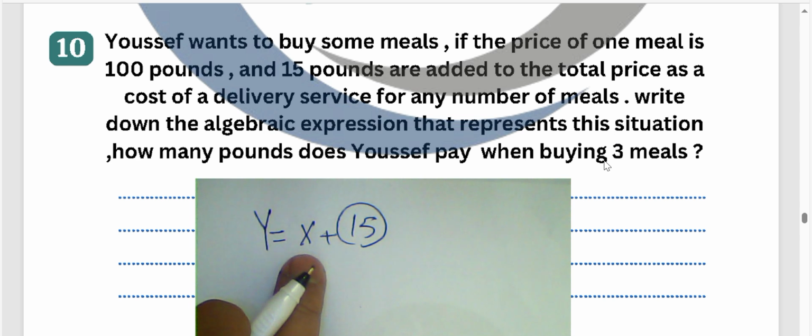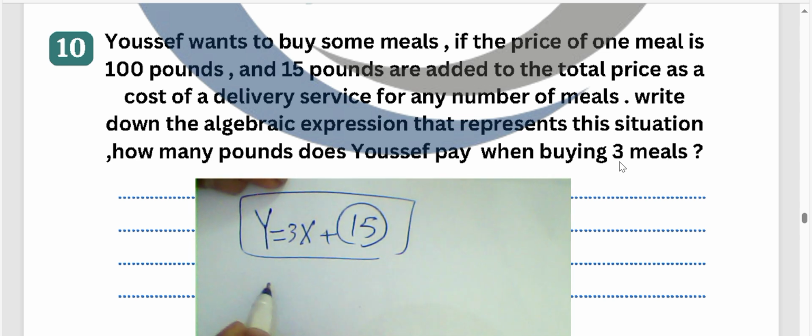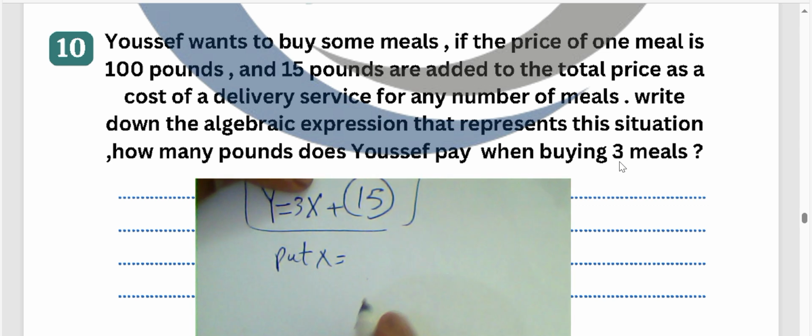He is paying for 3 meals. Then the equation is y equals 100x plus 15. And then put the value of x here. It will be 3, the number of meals. The price of one meal is 100 pounds. The total will be y equals 100 times x.